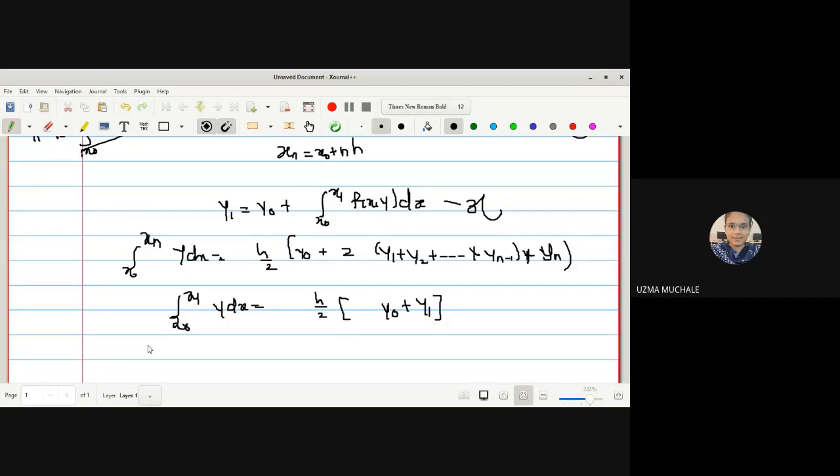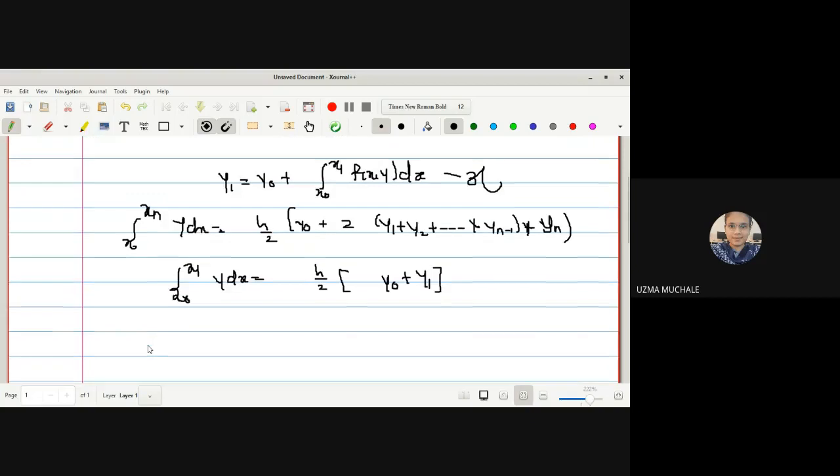No doubt here also we are getting some error quantity. Earlier, what we had done was substitute a constant value f of x naught y naught for f of x y. So here we will do the integration from x naught to x1 of f of x y dx is equal to h by 2. After finding the integration of y, we get y naught plus y1.